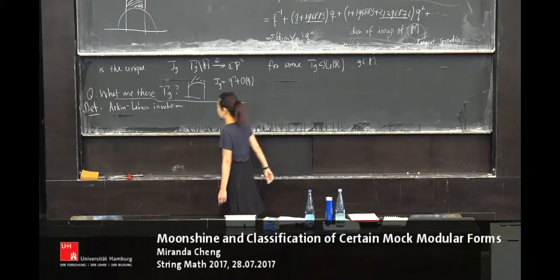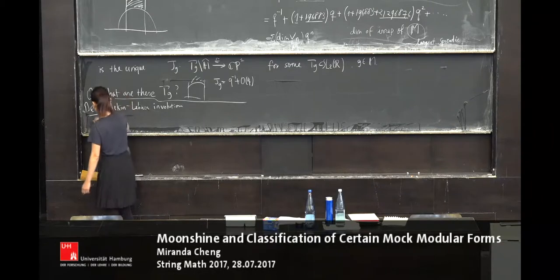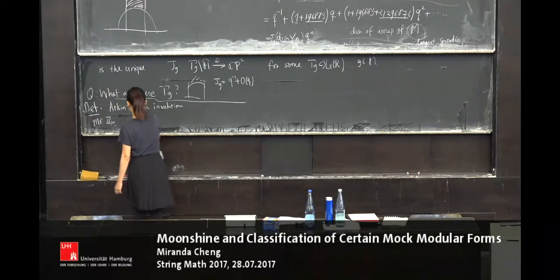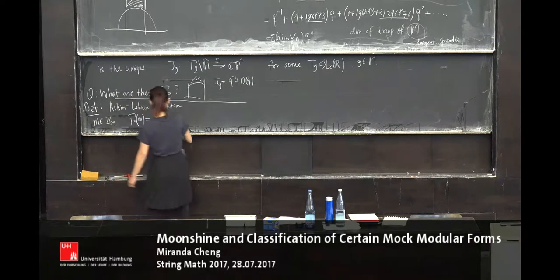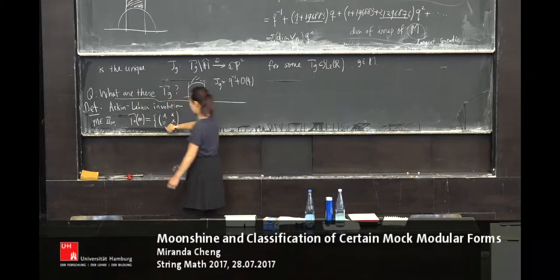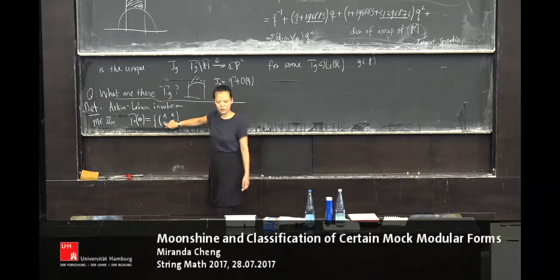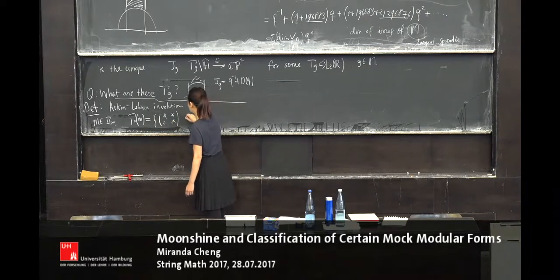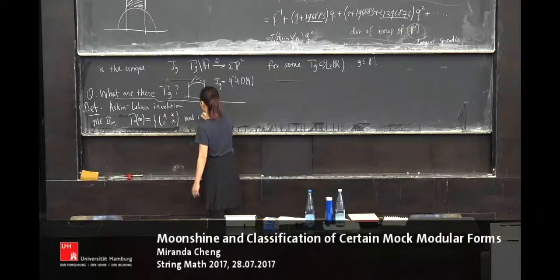So for the rest of the talk, M is a positive integer. And then we define the congruence subgroup of SL2(Z) to be given by the SL2(Z) elements such that this lower left corner element is a multiple of M.